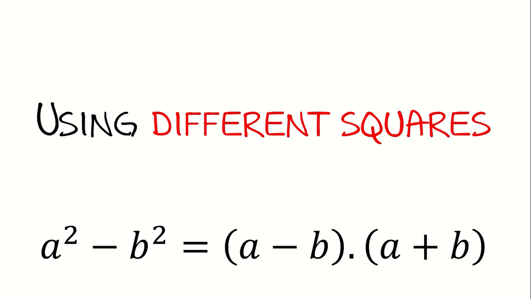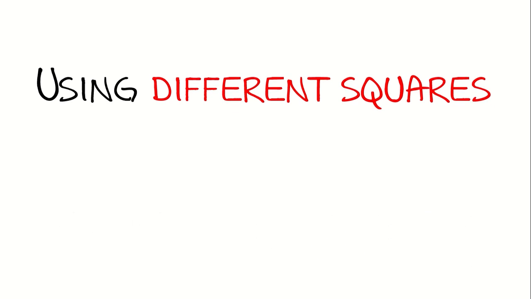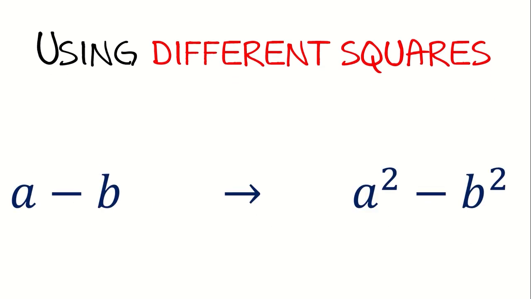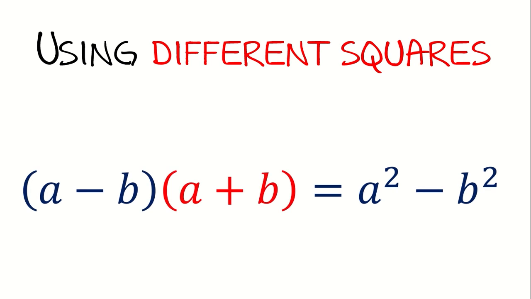So here in the denominator we have the difference of two numbers, like a minus b, and we want to get to a squared minus b squared. How do we get to a squared minus b squared? We need to multiply a minus b by the term a plus b.